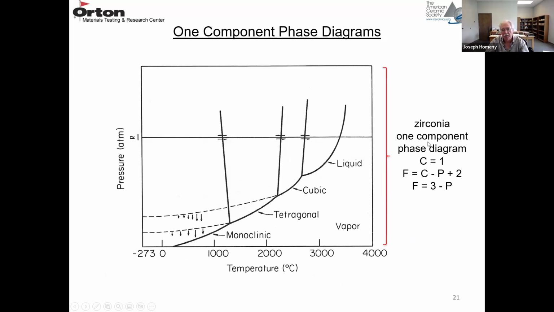I've put another example, zirconia. So again, pressure versus temperature, and this horizontal line represents 1 atmosphere. So again, for C equals 1, you put a 1 here, 1 minus P plus 2, so F equals 3 minus P. That's the phase rule for the one component phase diagram.